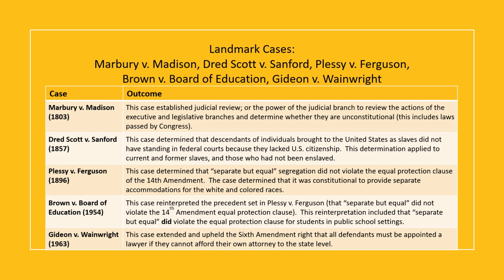Well, the Supreme Court determined in a 6-to-1 vote that separate but equal segregation did not violate the Equal Protection Clause of the 14th Amendment. The Supreme Court determined that it was constitutional to provide separate accommodations for the white and colored races.